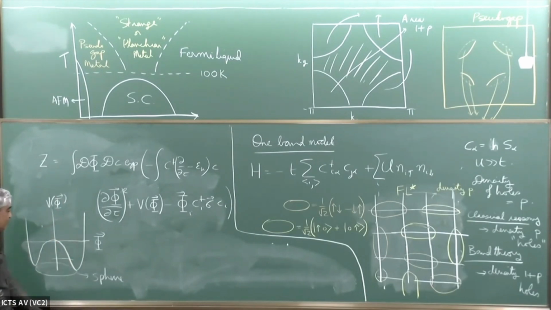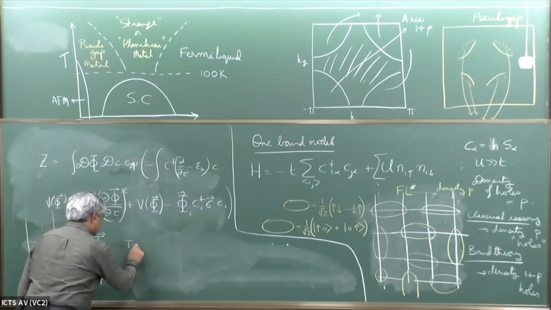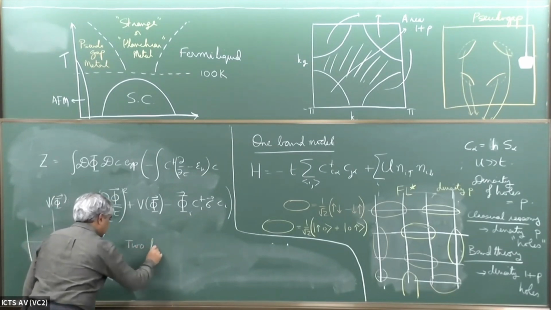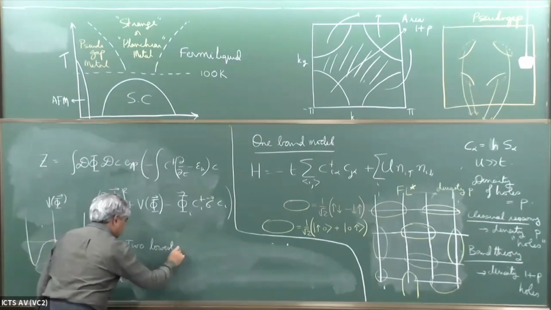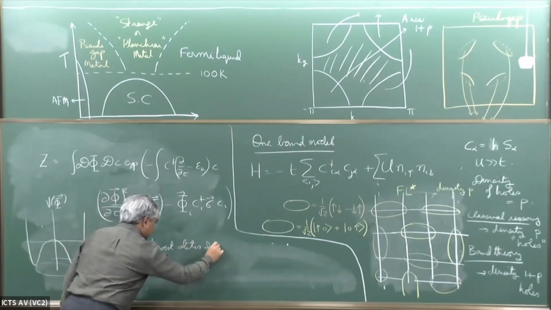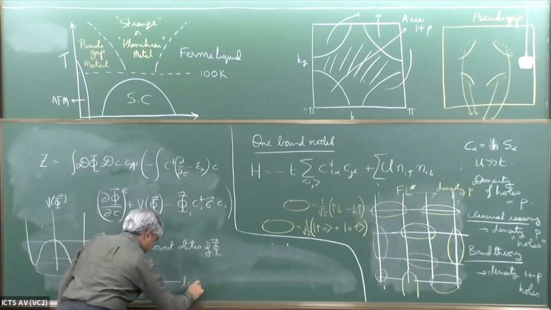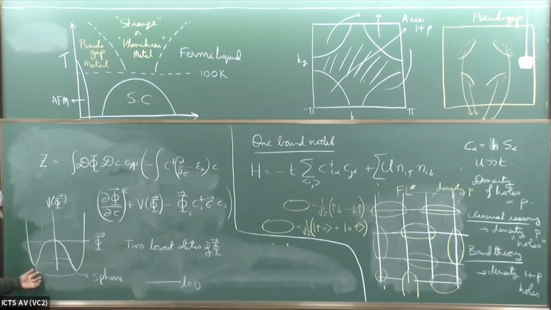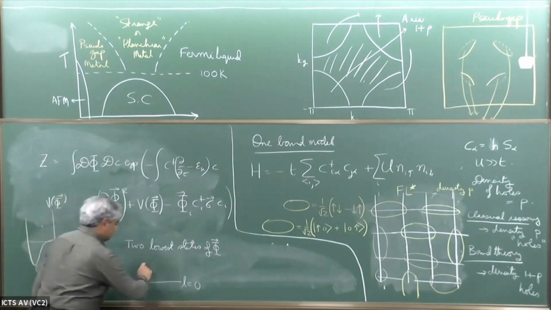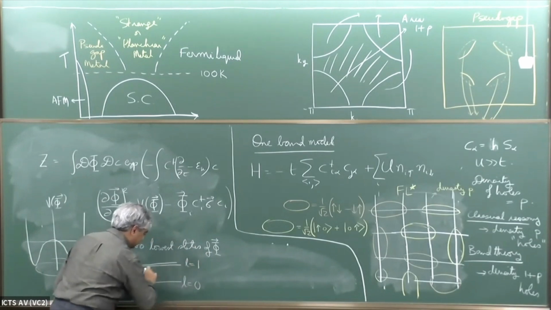So all I'm going to assume is that the 2 lowest states of phi are an L equals 0 state, where it's angular momentum 0 around this, the S state. And then there's an L equals 1 state, which is threefold degenerate.